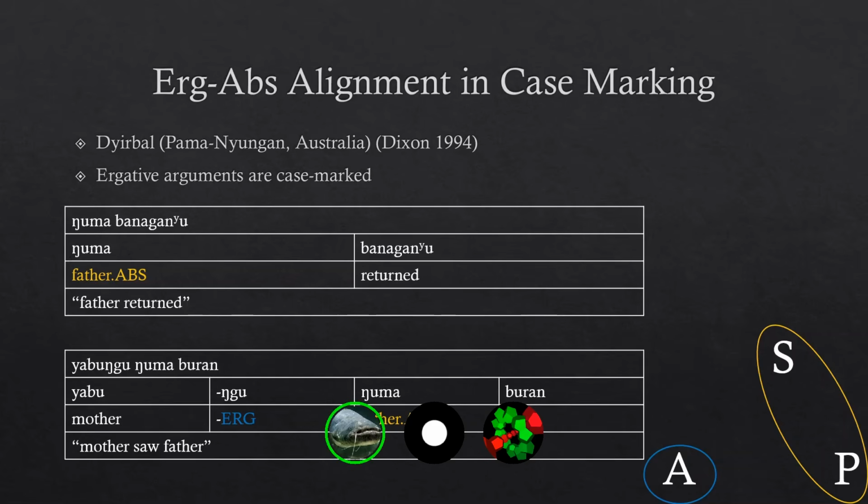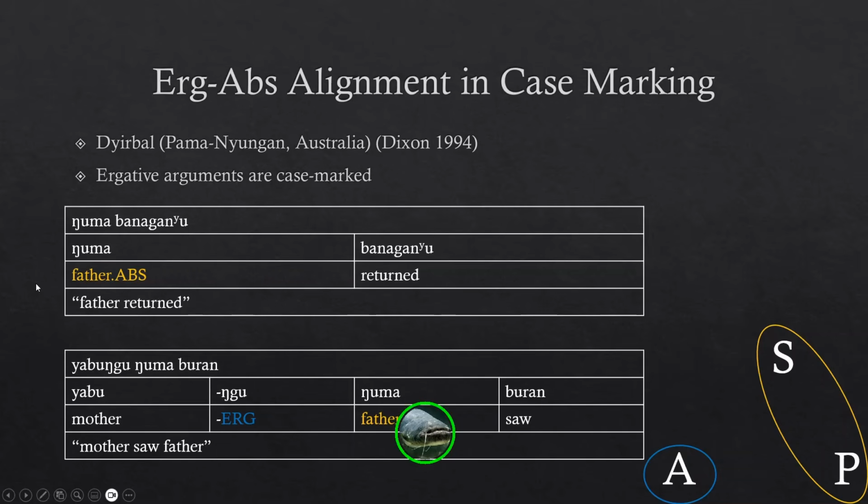If you have overt case marking, like a case suffix for only one case, it's almost always going to be the absolutive or the nominative, for reasons that are interesting and we can maybe talk about, but this is expected, basically. So: intransitive subject, father, unmarked absolutive case. This is just the noun.